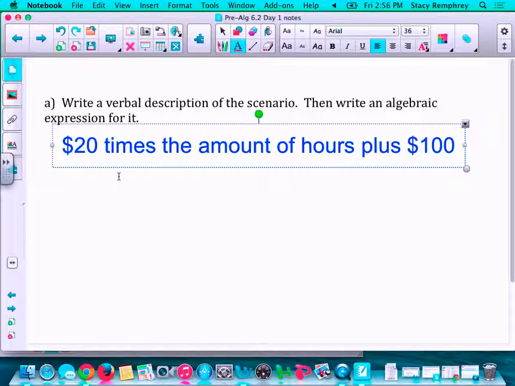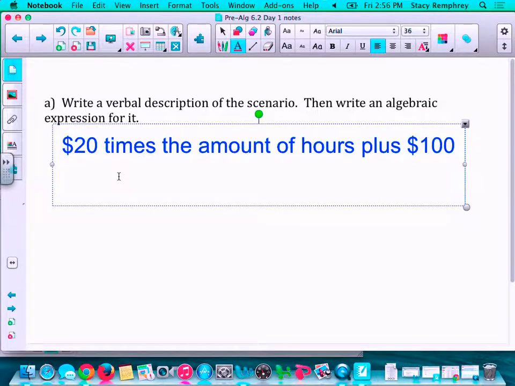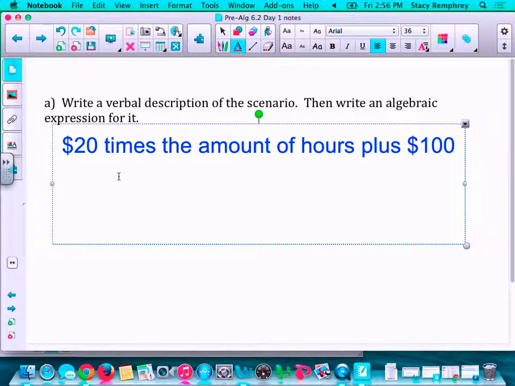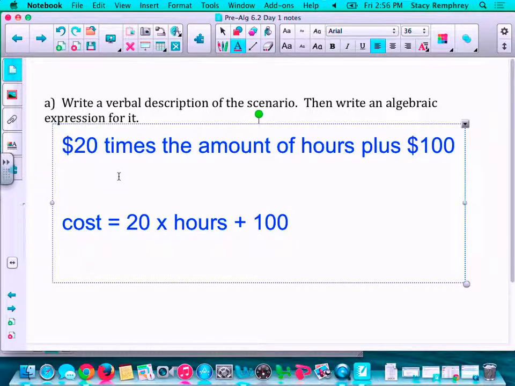Then write an algebraic expression for it. I'm going to kind of write it two ways. I'm going to say to get the cost, I would do 20 times the number of hours plus 100. Do you see how I kind of took the words and turned them into math symbols? Well, the cost we said was our output, and that goes always with y.